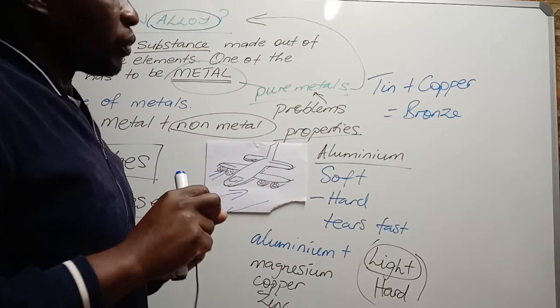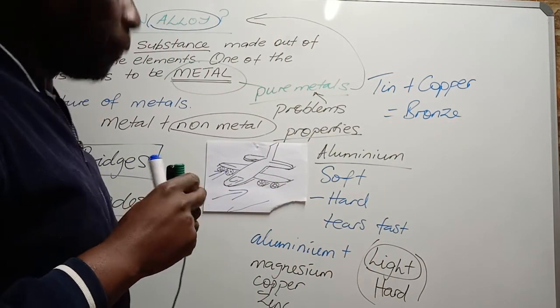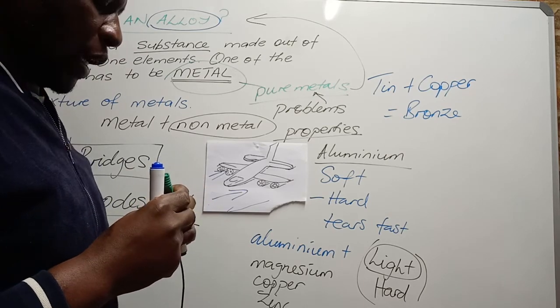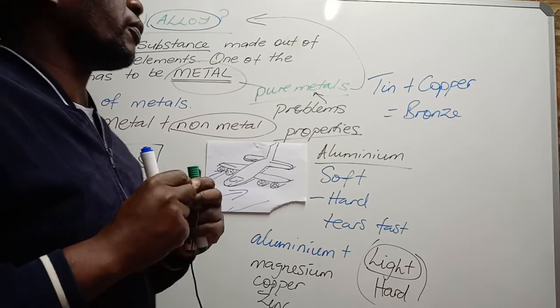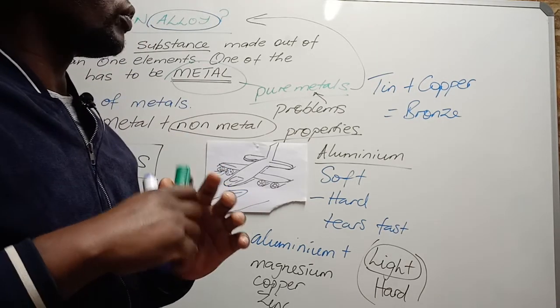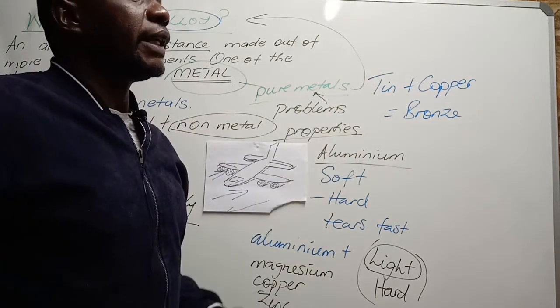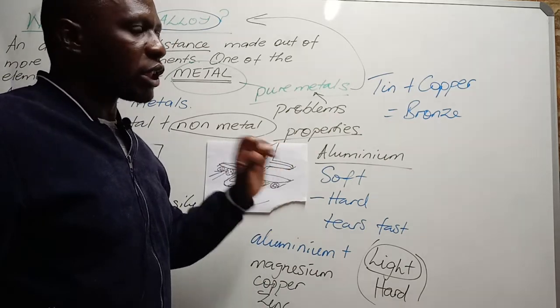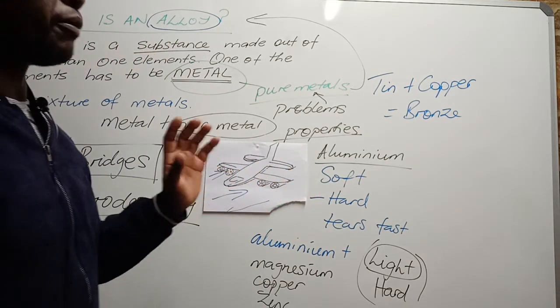Tin on its own is not a good conductor of heat and electricity. Tin on its own will corrode. Tin on its own, in its pure substance, is very brittle.